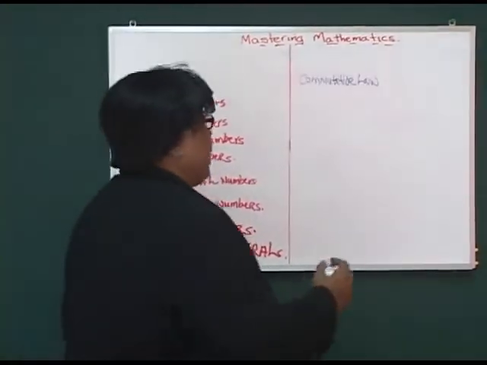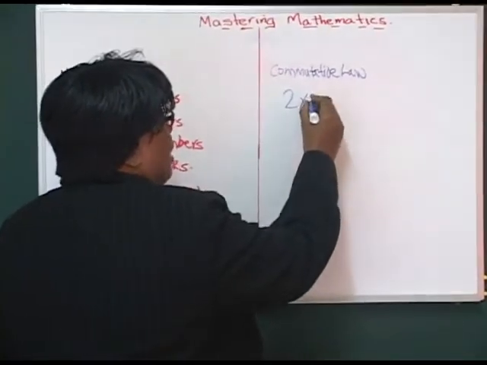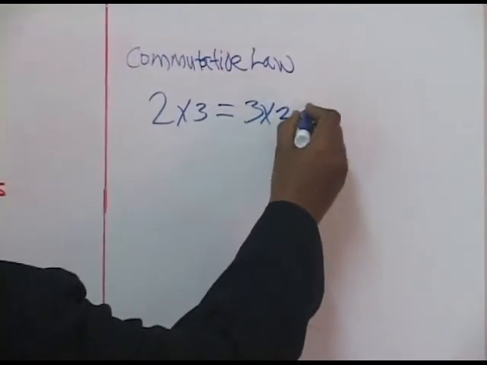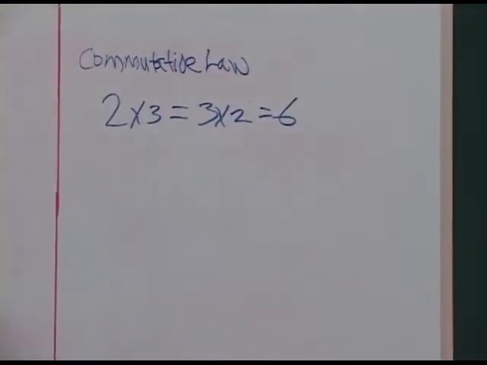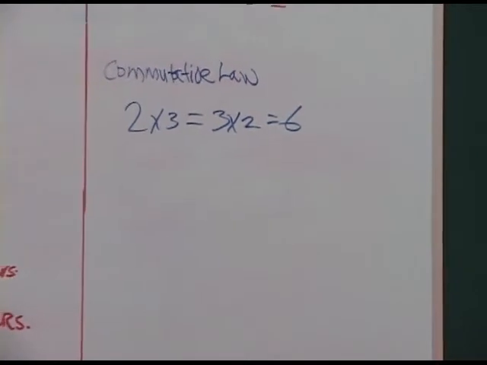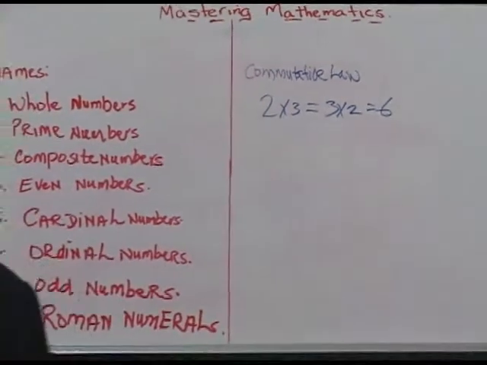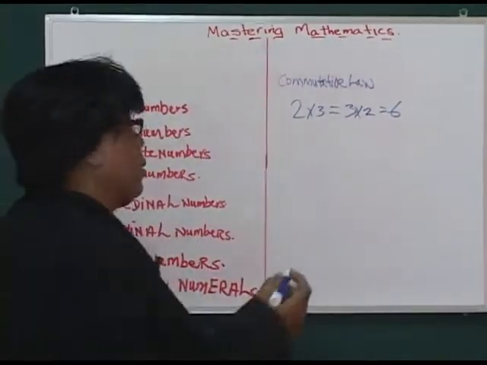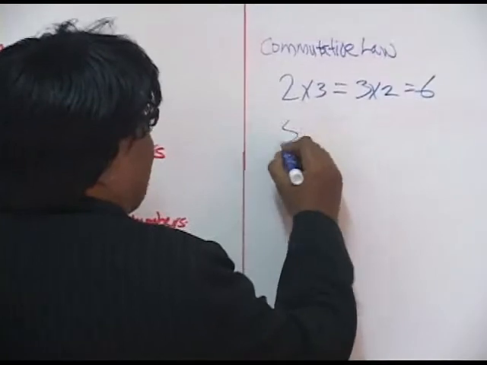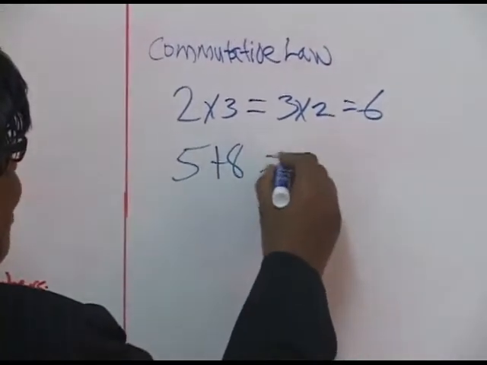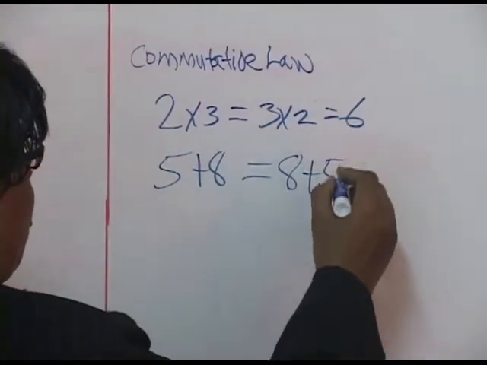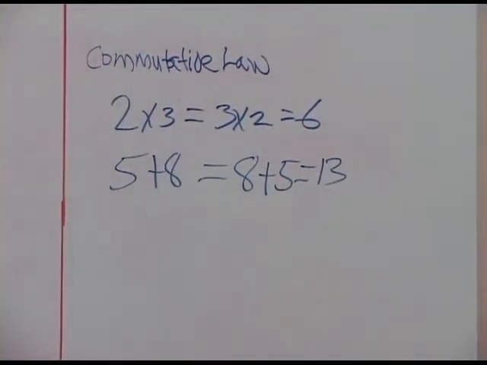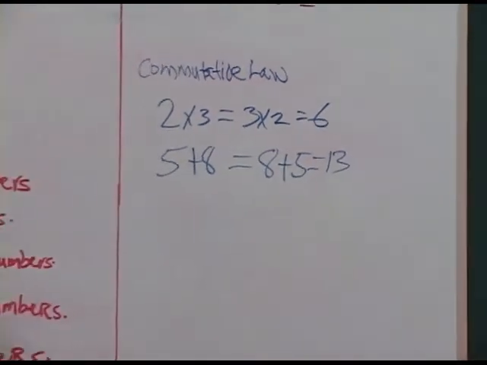So if we had to multiply 2 by 3, we should get the same answer as 3 times 2. And we all know that will be 6. That is a law, and that has to be observed. Again, it says the order in which we add numbers does not matter. So again, we could say 5 plus 8 is the same thing as 8 plus 5, which is equal to 13. That is what policeman commutative has to tell us about our mathematics operations.